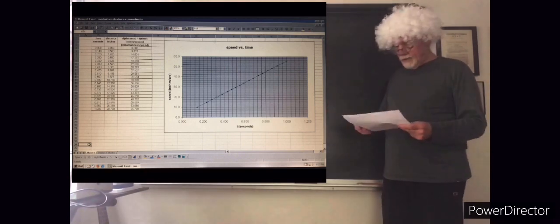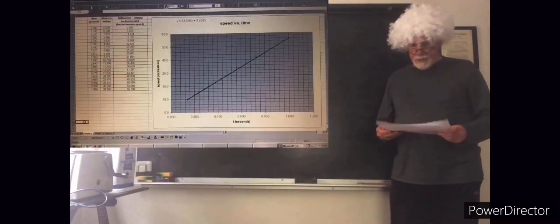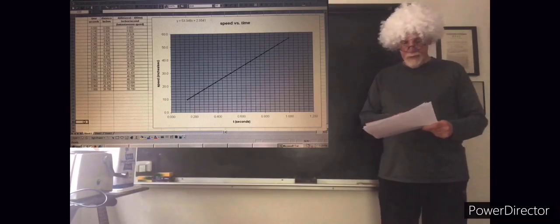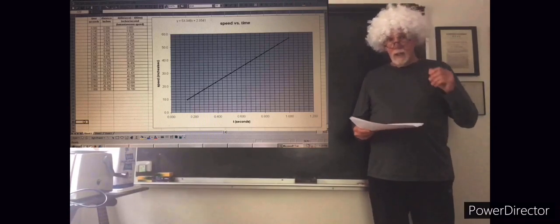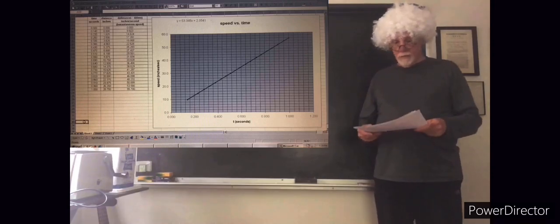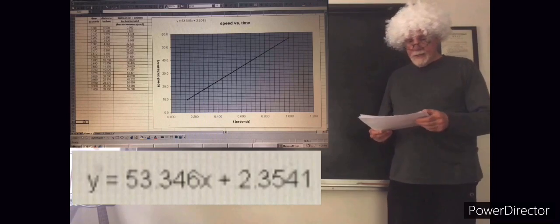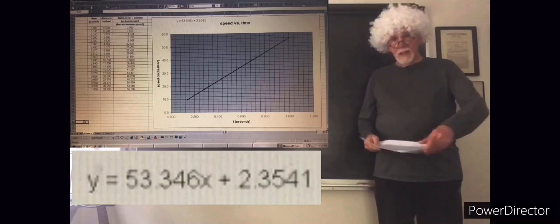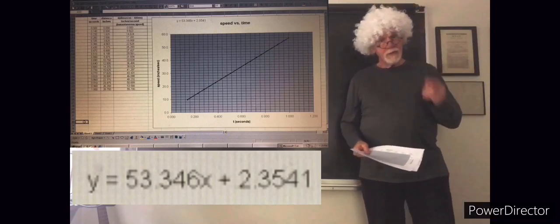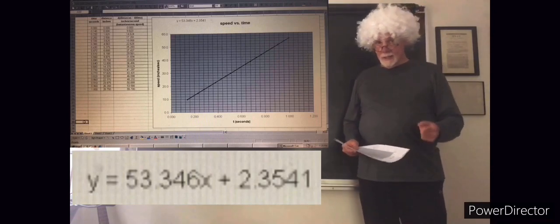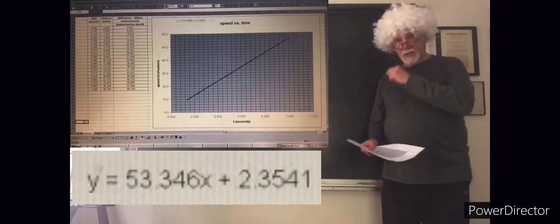And the next slide is the same plot, again, this time with the Excel determination of what the function is of that line. And it's up there at the corner. Now, the first derivative of speed versus time is, you guessed it, acceleration.